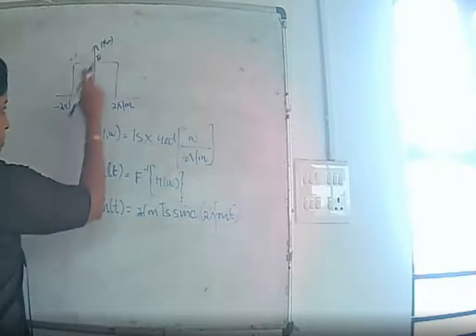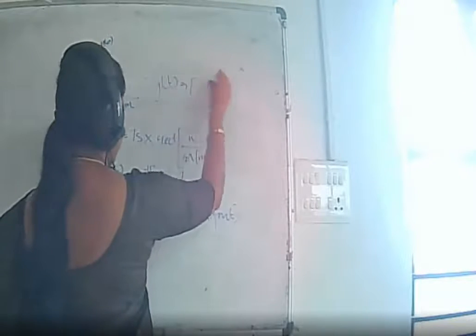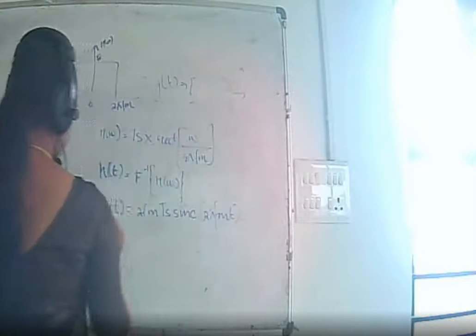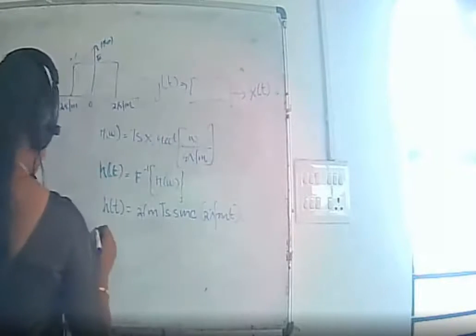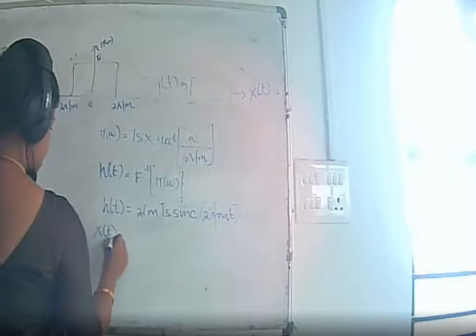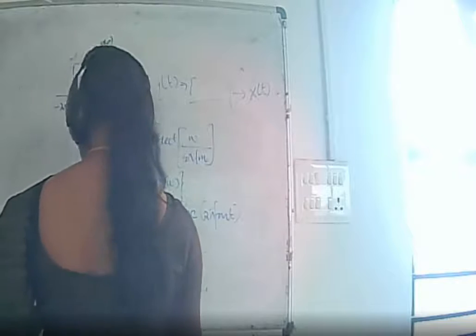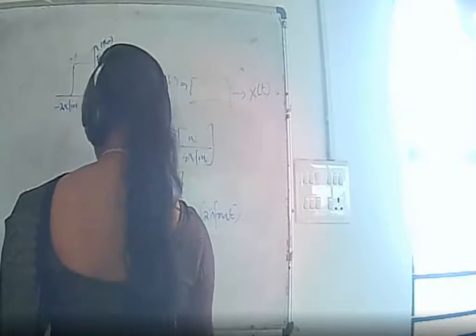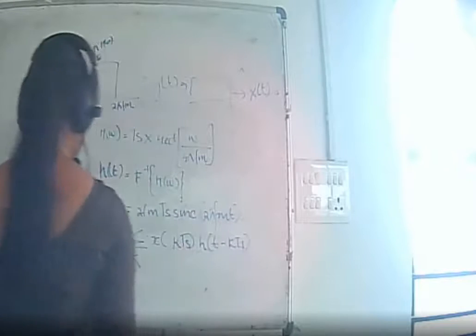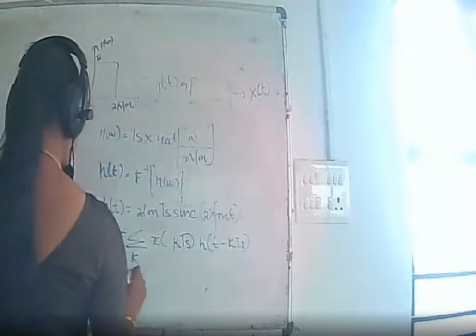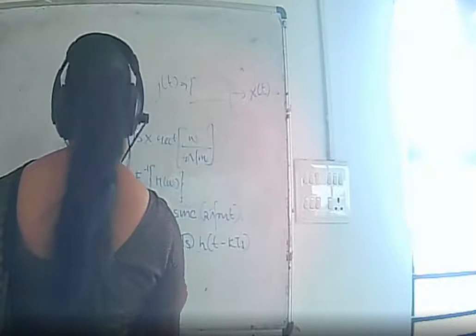Now the filter output, that is, we are passing g of t through an ideal low pass filter. The filter output will be our reconstructed signal x of t. x of t is nothing but summation over k of x of kTs into h of t minus kTs, which is nothing but summation k x of kTs.